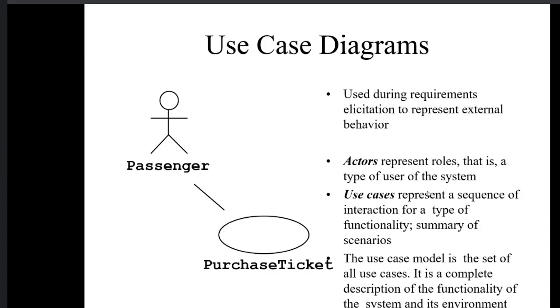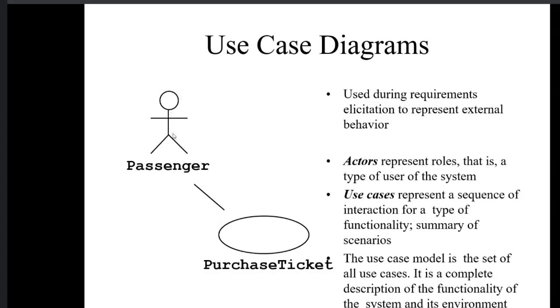So basically, what happens in use case diagram, whatever functionalities you want to have will be considered as your use cases. Okay, and there will be certain external users, they will be considered as actors. So here, these actors will be represented like this.